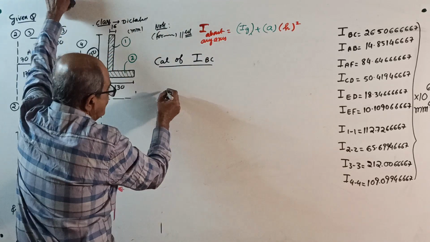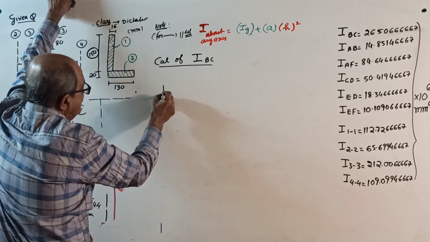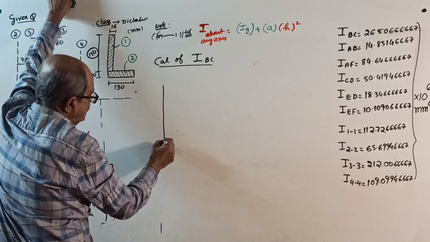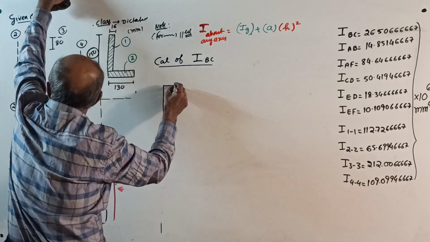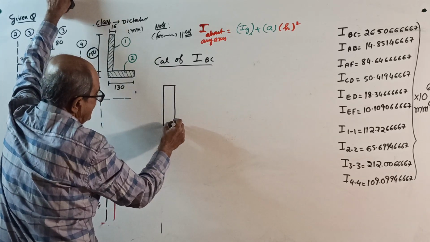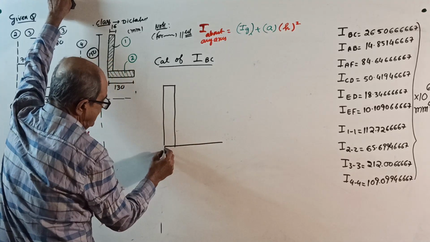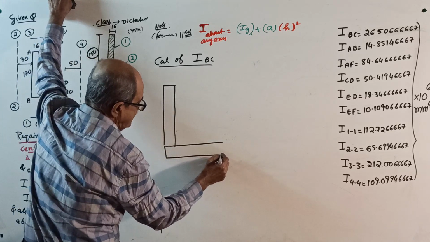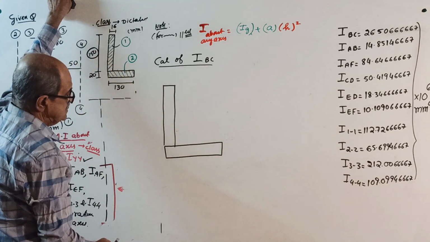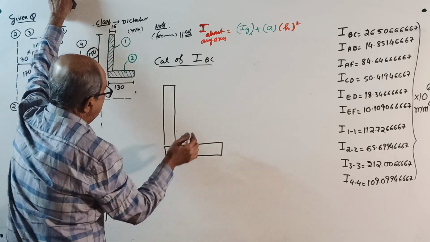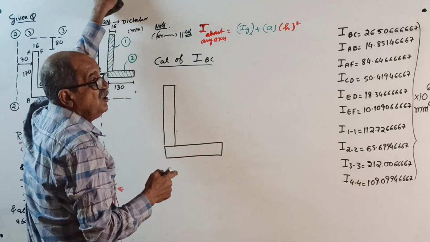What you do is put the cross section here, somewhat to scale, 16. Exact scale is not required. Okay, a little bigger. Sufficient.